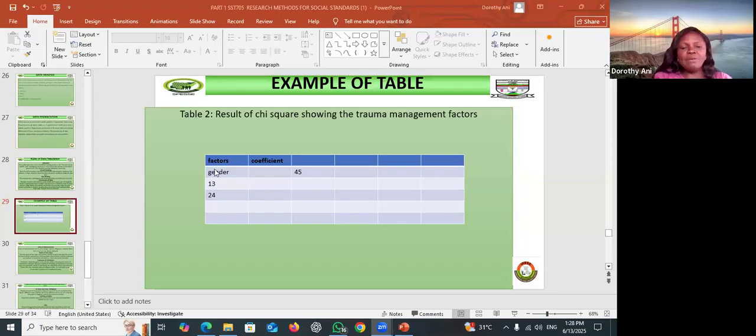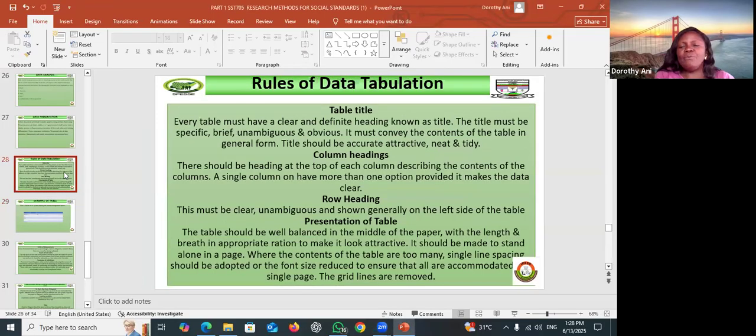Okay, so when you have so much to appear in a table, you can use single line spacing to make it appear all in one table. You see some students, most times, they will use double line spacing, and then the one table will run into 3 pages.